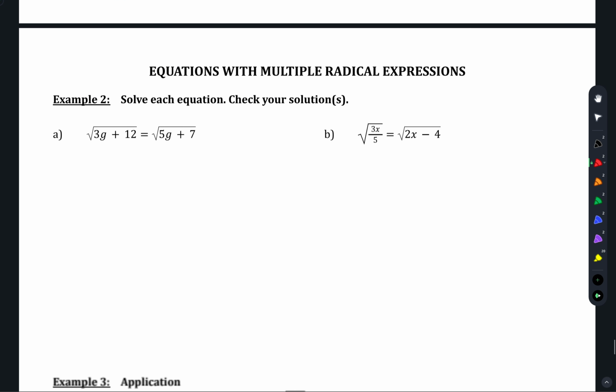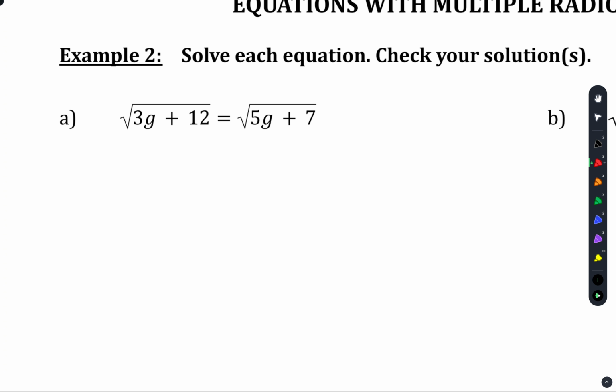Flip it over. I'm going to make it one step harder for us right here. If I take a look at these radicals, are they each isolated on their respective sides? There are no other numbers with those radicals other than the numbers that are underneath them, yes? So in this case, step 1, which is isolate, is already done for me.